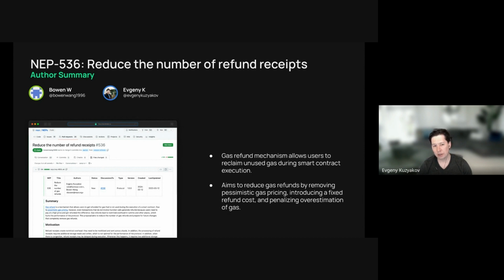So in order to account for this, historically, we had what we call pessimistic gas pricing. It basically inflated your gas price by how much it can increase per block, and it was slightly higher. So instead of 1% per block, it was 3% per block.